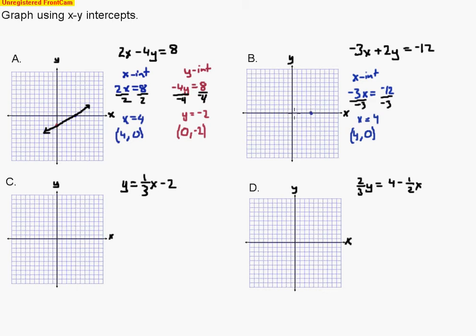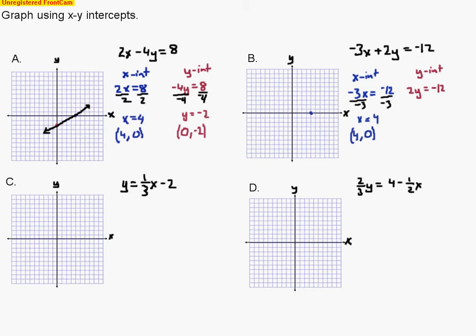Next one, we are going to find out the y-intercept. And the way we're going to do that is write down y-intercept. We're going to take the x term and set it equal to 0. So all I'm left with is a 2y equals negative 12.